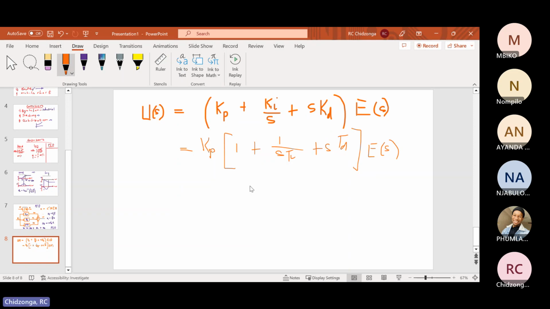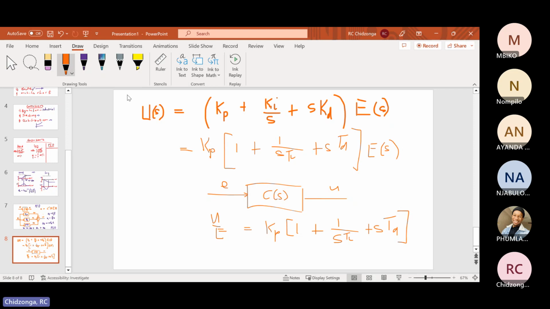Now you can see that this whole block now, this C, and this is our P, it receives E and produces U, the control signal. The transfer function in this case, U over E, is simply Kp times 1 plus 1 over S Ti plus S Td, like this.